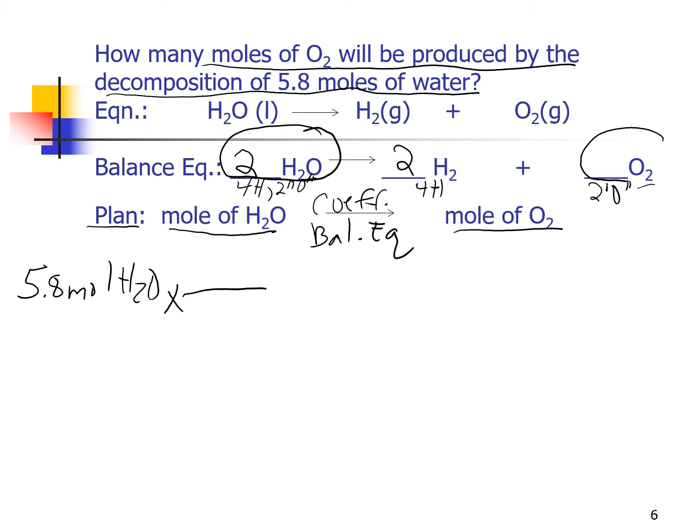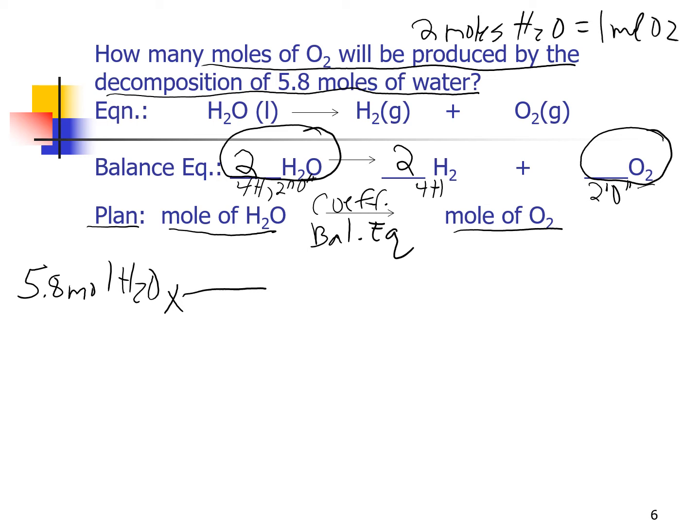The amount of hydrogen in this reaction we're not concerned about. So in all of these types of problems, you're only going to be looking at one compound as a given and another compound as the one you're trying to find. So I circled water and I circled oxygen because that's the relationship we're looking for of the coefficients in my balanced equation. So that's telling me 2 moles of water is equal to 1 mole of oxygen.